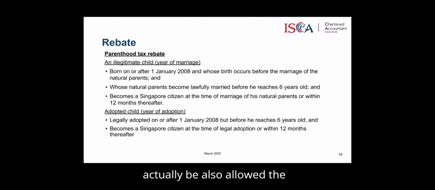You will also be allowed the parenthood tax rebate. For an adopted child, a similar situation applies, except that it can be applied to a child up to 6 years of age, and the child has to be a Singapore citizen either at the time of legal adoption or within 12 months after the legal adoption.